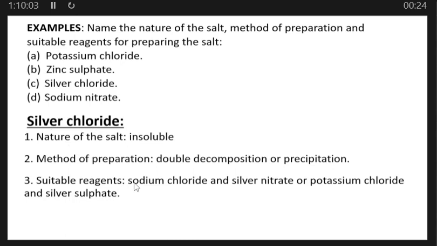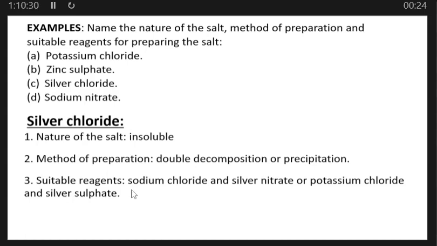One salt that must be chosen must contain the silver. Another salt must also be chosen that contains the chloride. So one salt must provide the silver, another salt must provide the chloride, but these two salts must both be soluble.